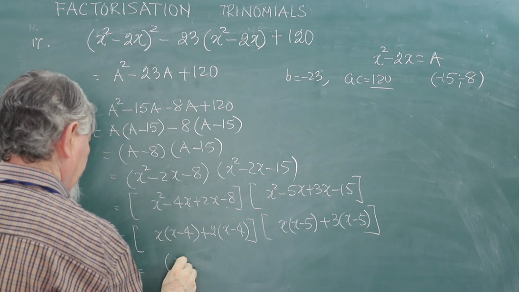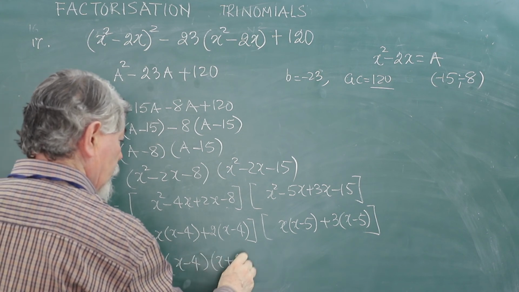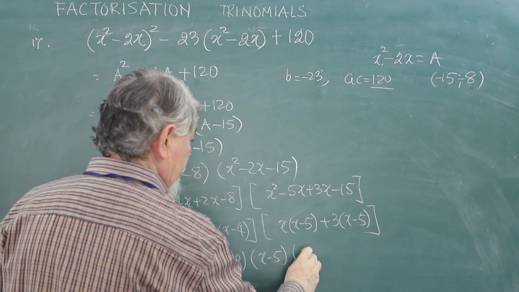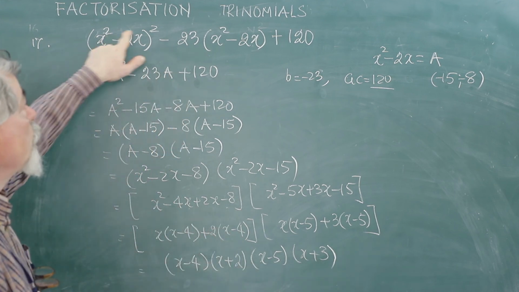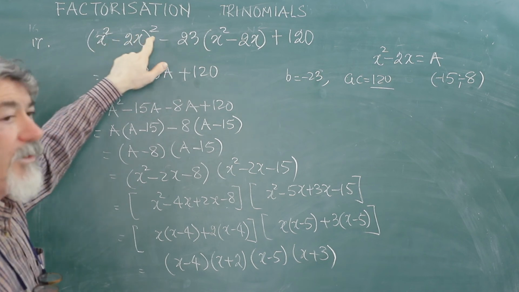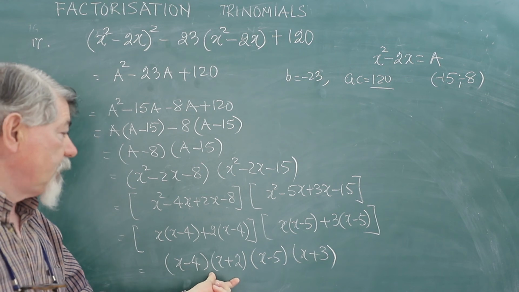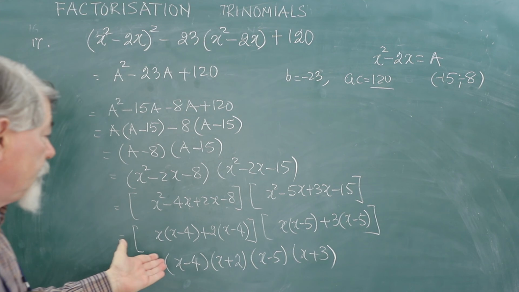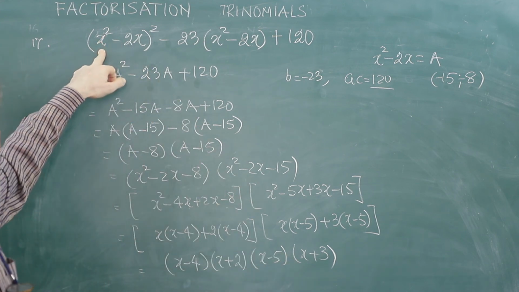It will be x minus 4, x plus 2, x minus 5, x plus 3. Because it was power 2, there were 4 values of x that will come. So that is why x minus 4, x plus 2, x minus 5, x plus 3. It will be split into 4 because I have to multiply x into x into x into x, then only I'll get x to the power 4.